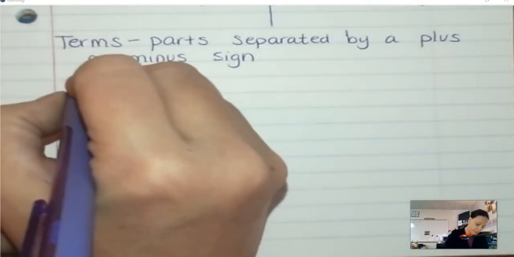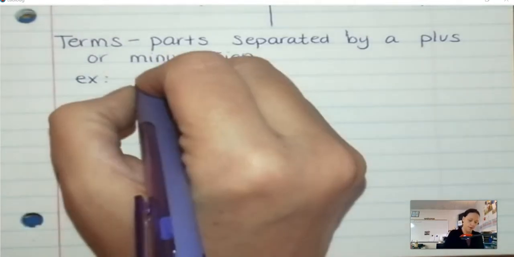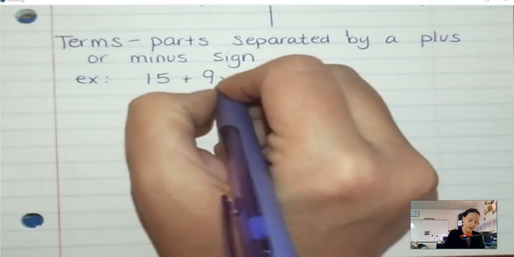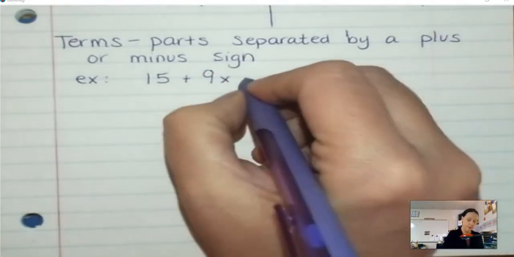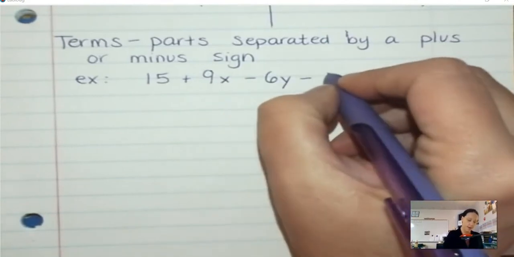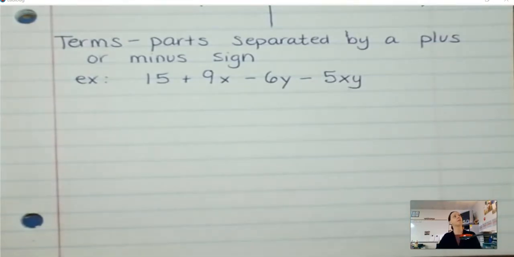So for example, 15 plus 9x minus 6y minus 5xy. Each term is separated by the plus or the minus sign.